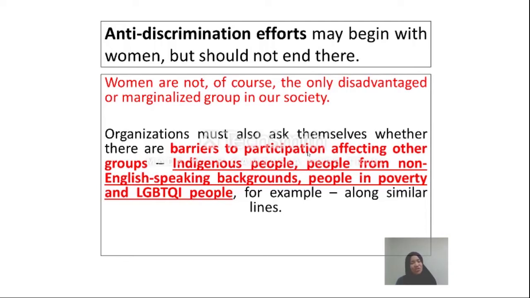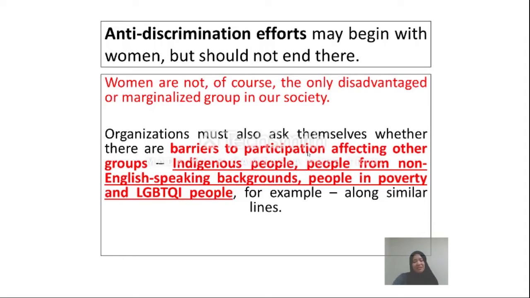Organizations must also ask themselves whether there are barriers to participation affecting other groups such as indigenous people, people from non-English speaking backgrounds, people in poverty, LGBTQI people, for example, along similar lines like PWDs. So in what follows, our examples address the specific issues of women and girls.